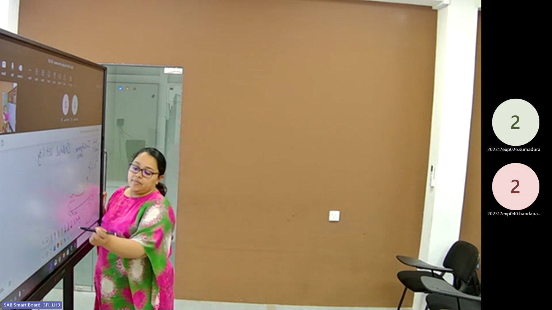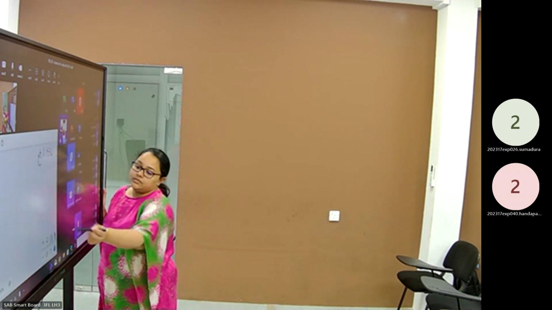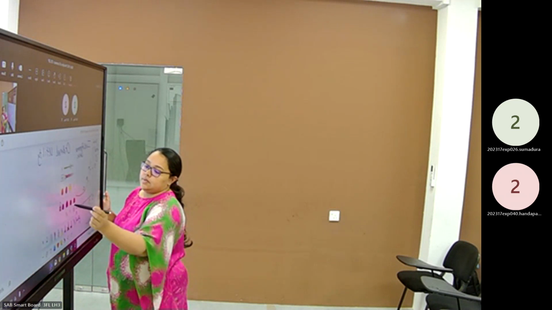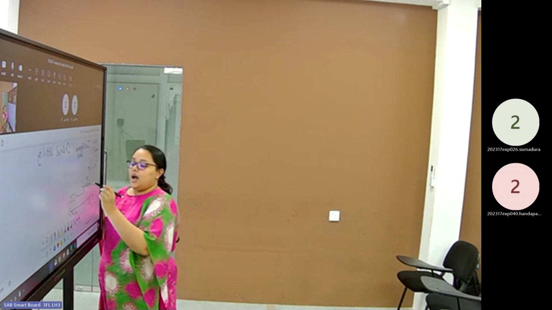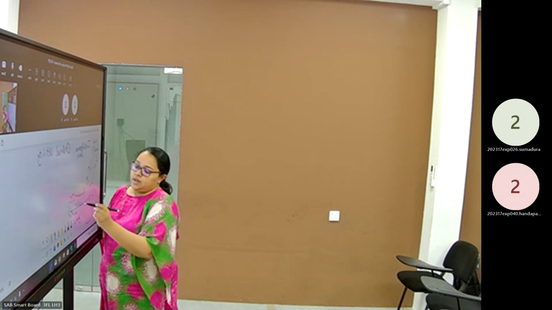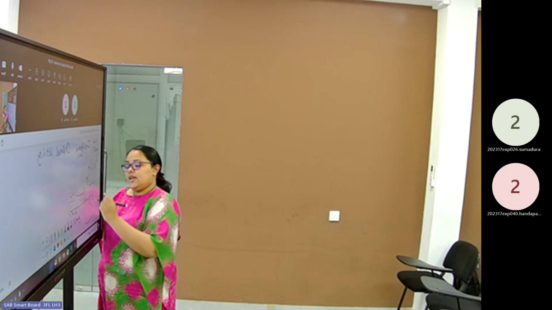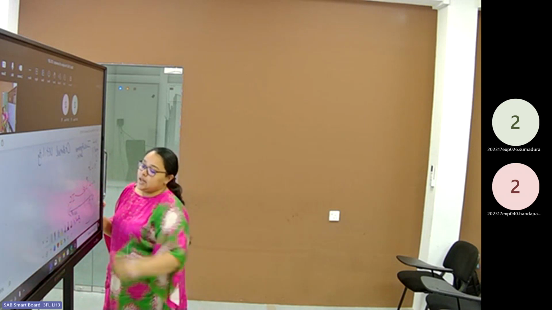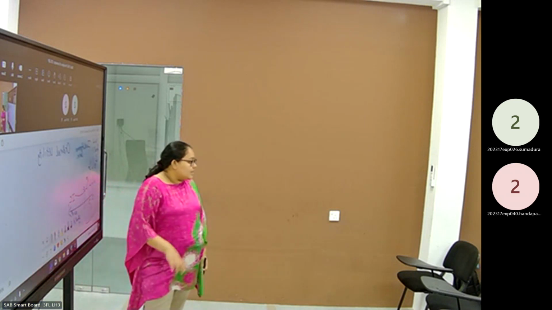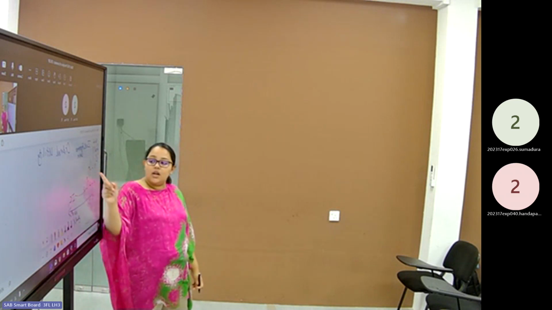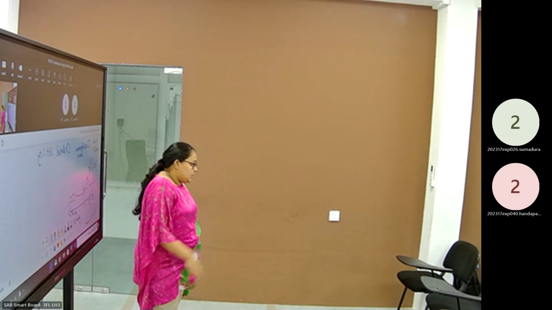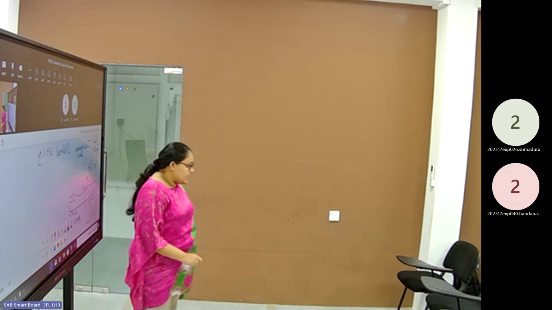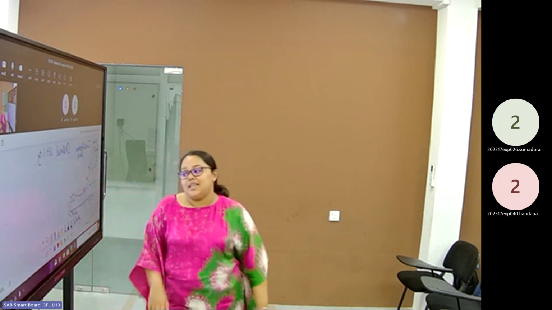In C, I may be consuming 10 units of Y and 11 units of X. Okay? These are called different bundles. You understand? Indifference curve has different bundles that give us same utility.